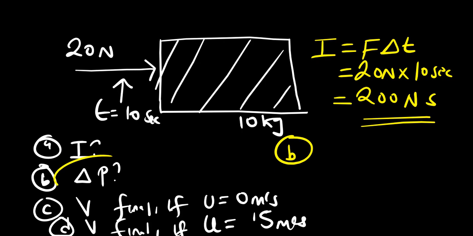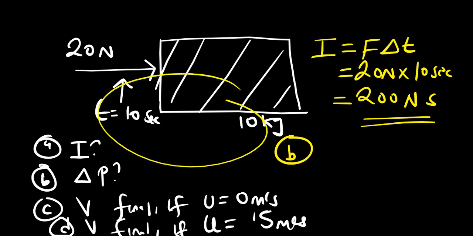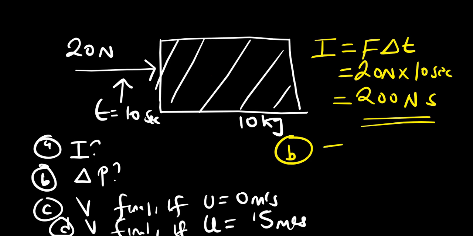Now how are we going to solve our B? In B, we are finding the change in momentum. Actually, there is nothing much to solve because we've not been given the velocity and it would be hard for us to find the velocity. But what do we know? All we know is that the impulse is equal to the change in momentum.